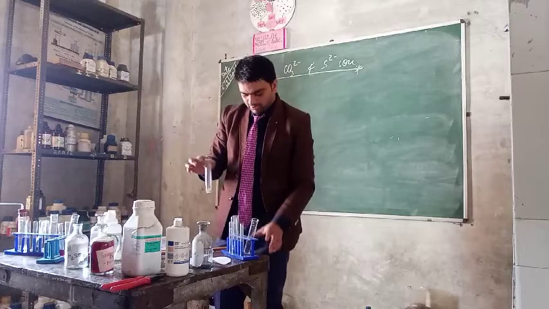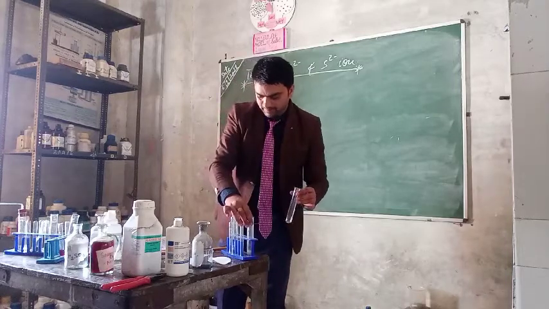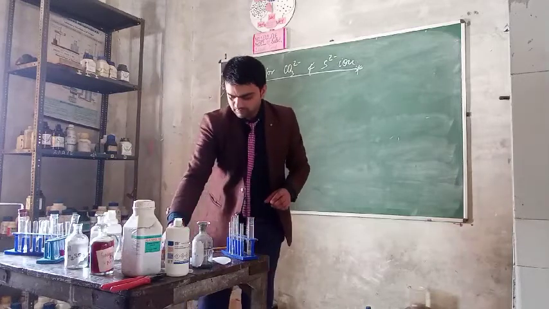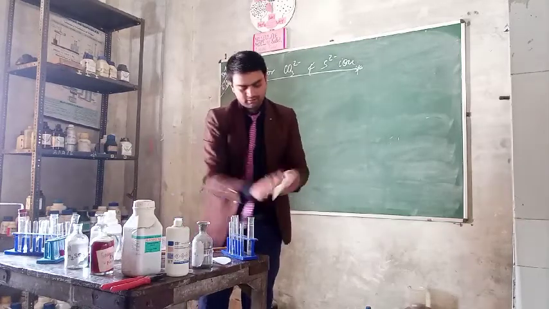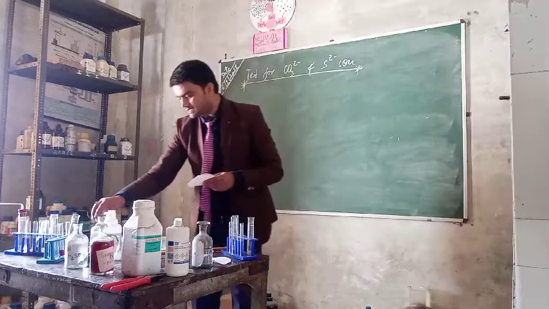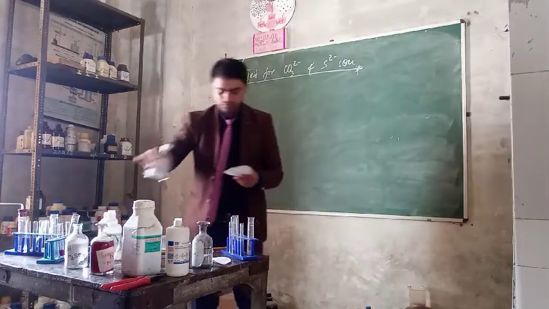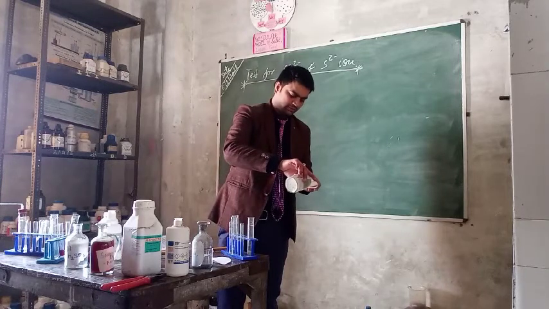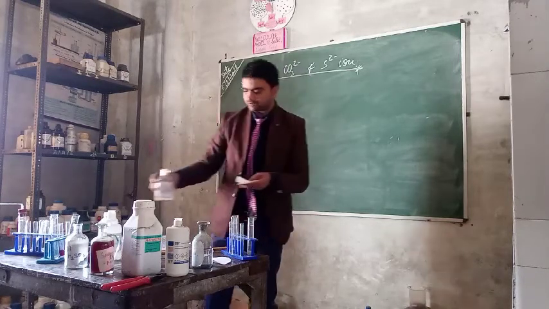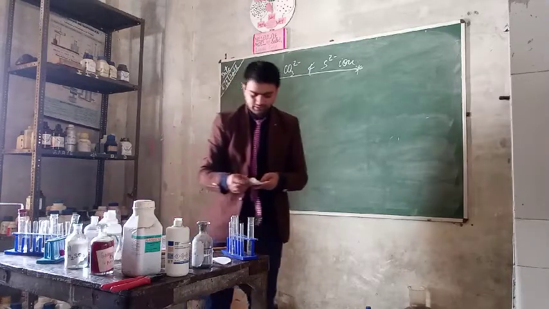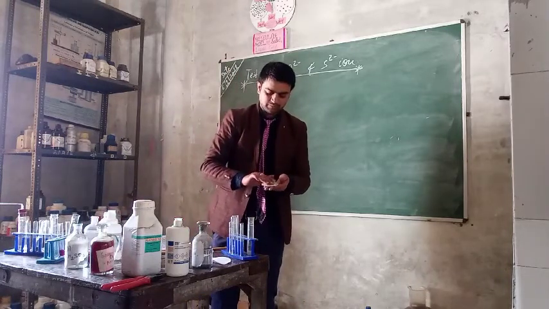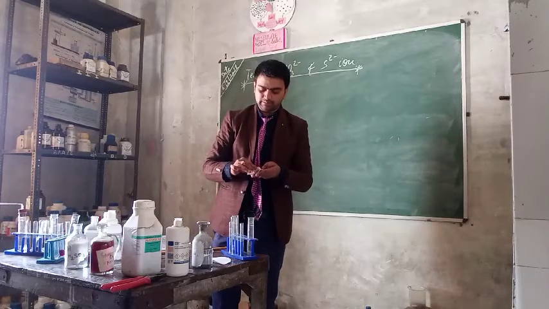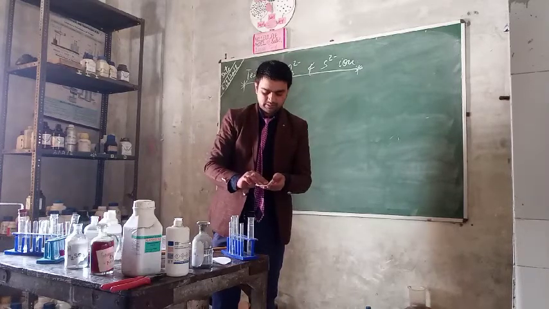Now we will add a filter paper which contains the lead acetate. First of all, we drop a few drops of the lead acetate on the filter paper, and we put this filter paper on the mouth of the test tube. So the color of the filter paper becomes black.